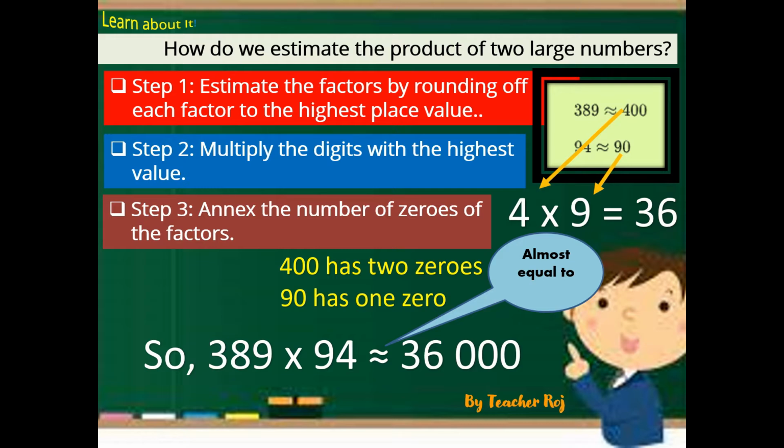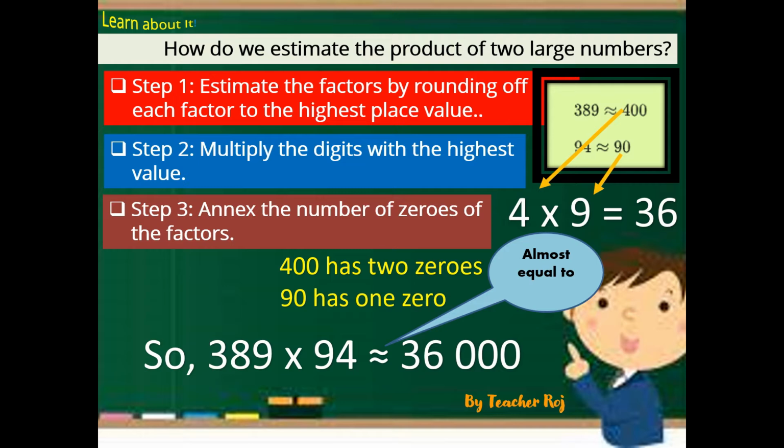Paano nangyari? Ang ginawa mo lang, sinundan mo lang yung steps. Number 1, you estimate by rounding off each factor to the highest place value. So, 389 almost equal to 400. Ang 94, naging 90. Then, minultiply mo lang ang highest value na digit na naka-round off na doon sa kanan.